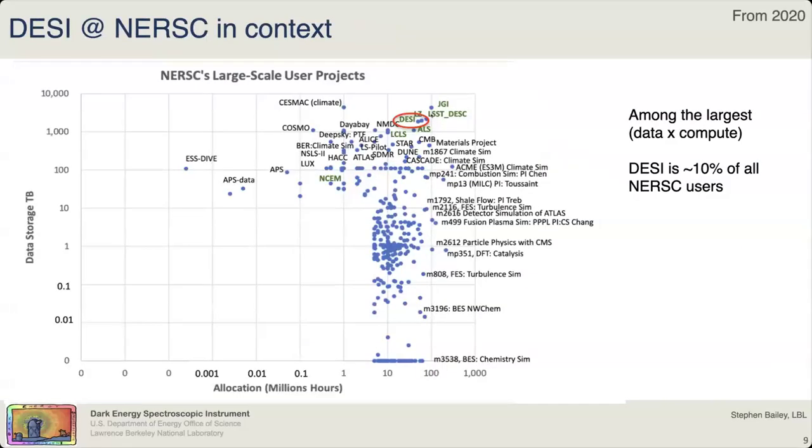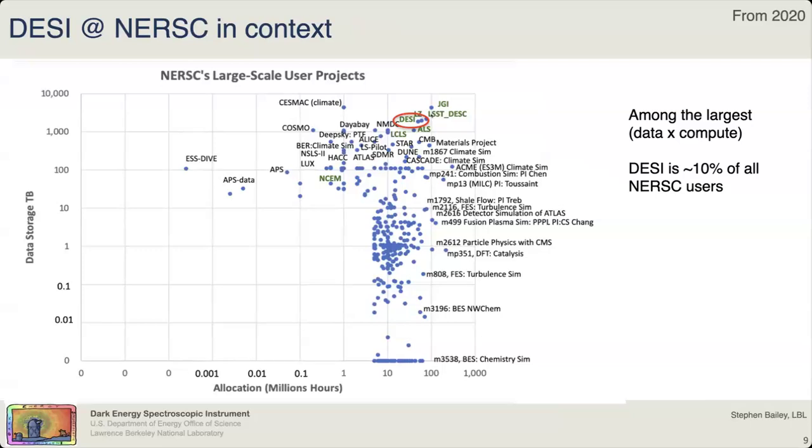So putting in context where DESI is in NERSC, this is from 2020 because I stole a screenshot from Debbie, I think it was. It's looking at how much data different projects have at NERSC versus what is our allocation in millions of hours back in Edison or Cori days, whatever that was. And we're up in the top 5 users of data across compute.